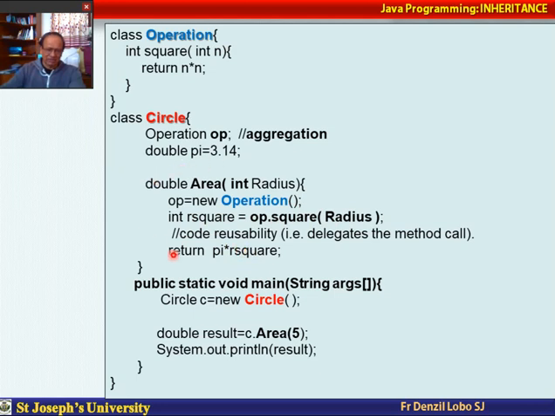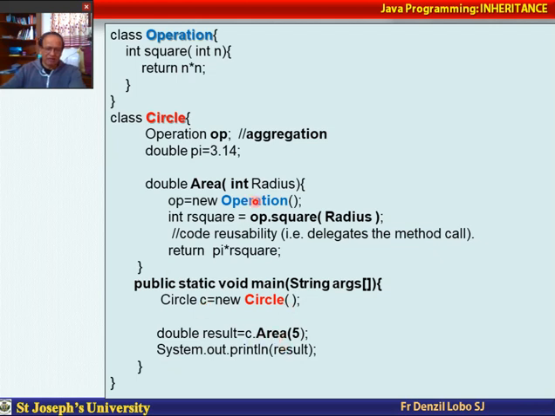So this is the method of circle, which uses the method of operation through aggregation. There is no extends here, but we are directly using the reference to that, and then using the method of the operation in this. And here is the main program. I create a new object C of circle, and then call C dot area.